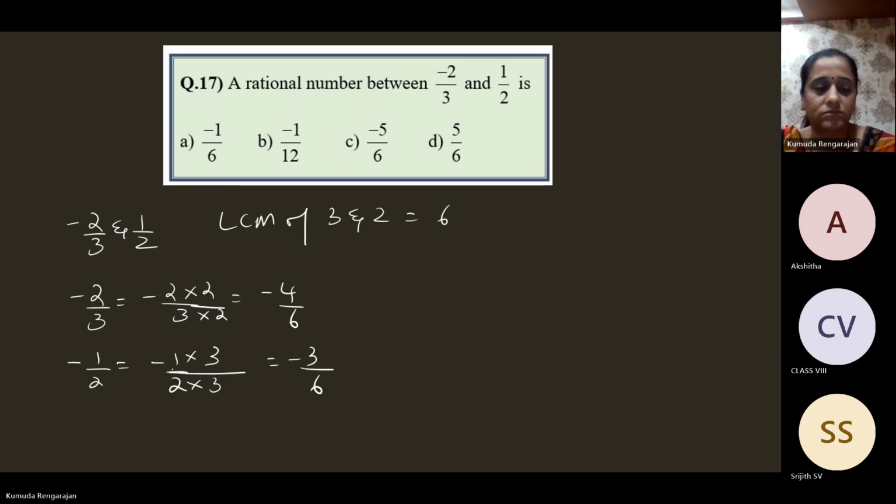Dhanvin? Ma'am, yeah. Can you find a rational number between minus 3 by 6 and minus 4 by 6? Yes, there are infinitely many rational numbers between these two numbers. But does minus 1 by 6 lie between these two numbers? No, ma'am. Does minus 5 by 6 lie between these two numbers? Yes. Ma'am, I think the answer is minus 1 by 12.